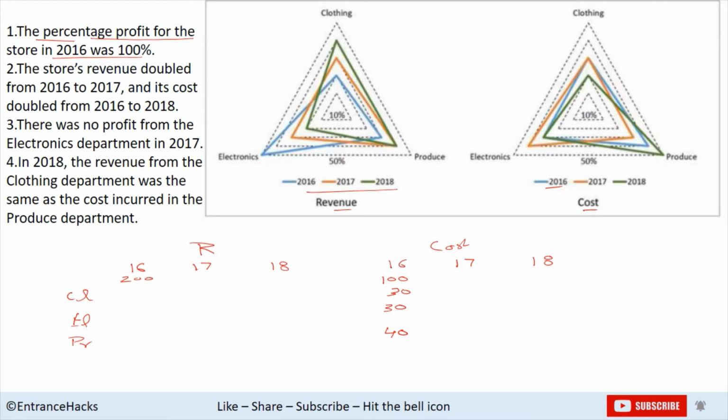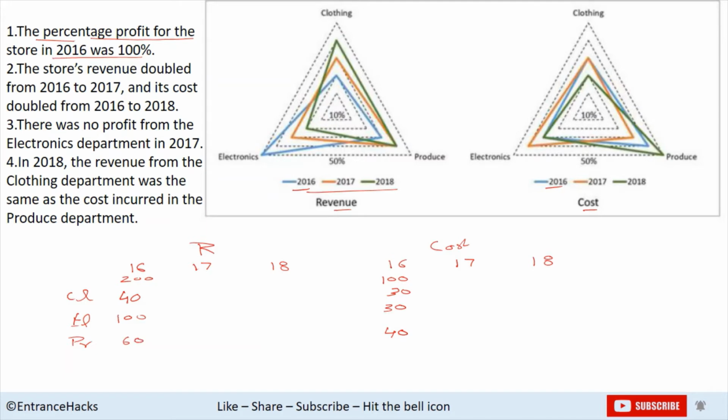And we'll take out the percentage of 200 for clothing, electronics and produce using this blue graph here. It is 20% for clothing, so 20% of 200 is 40. For electronics it is 50%, so 50% of 200 is 100, and the rest is 60 of 200.